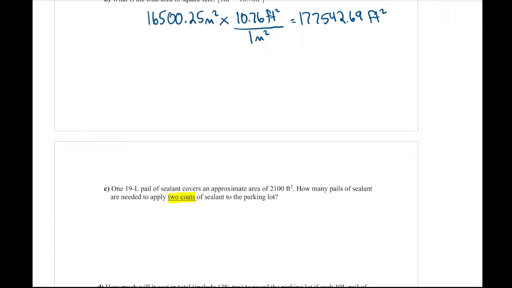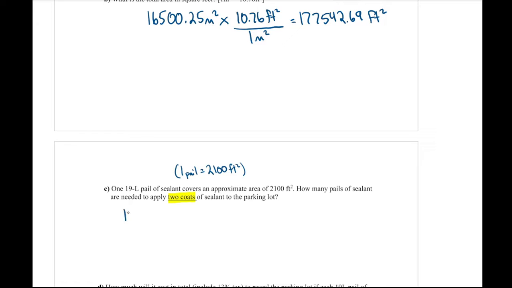So the easiest thing we want to do, we do have kind of a unit rate here. We have our unit rate of 1 pail is equal to 2,100 square feet. So we could do a unit analysis, even though it's not a conventional one. We can still do it.